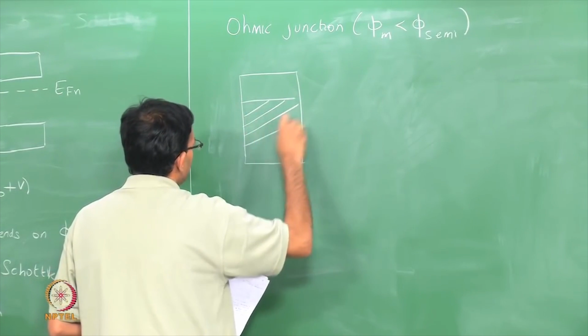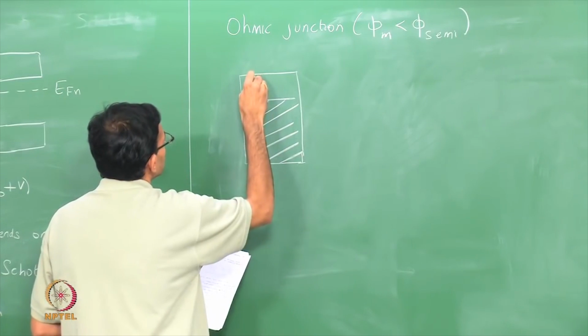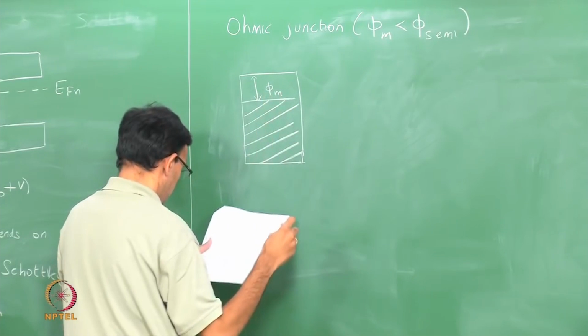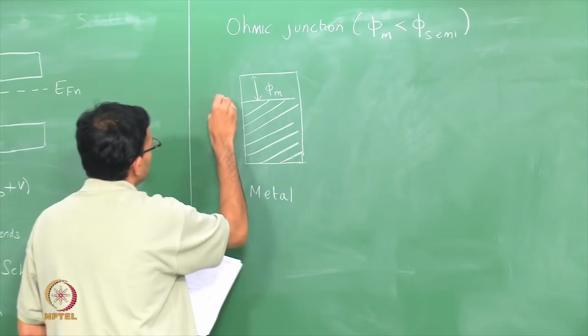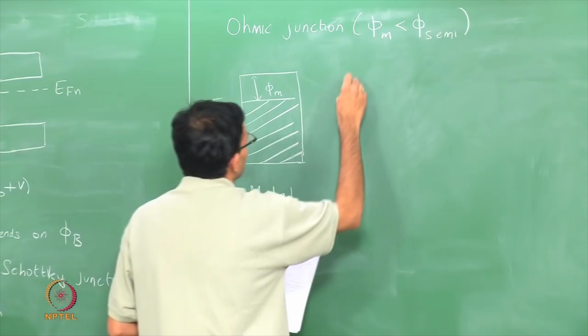So, this is the metal side. This is phi m, EF. This is the semiconductor side.